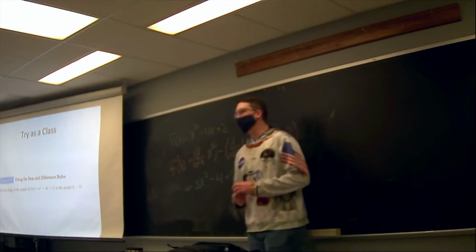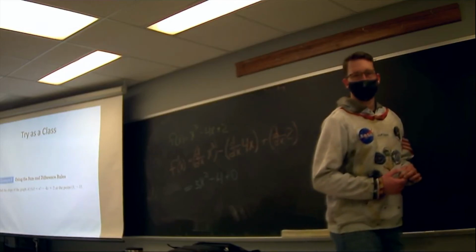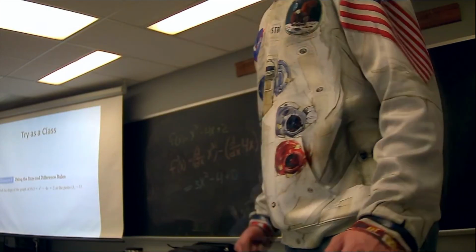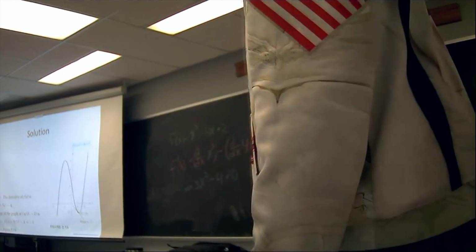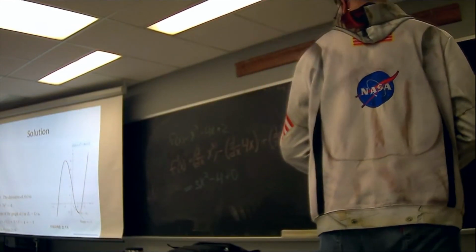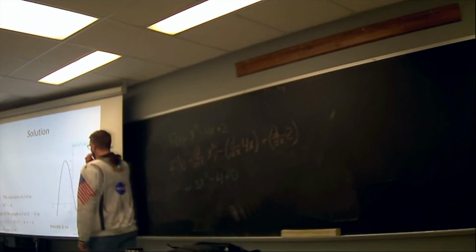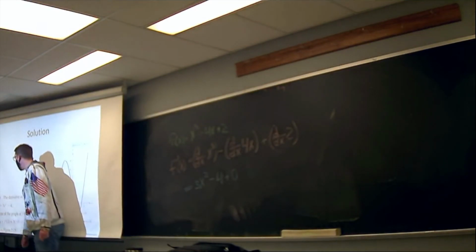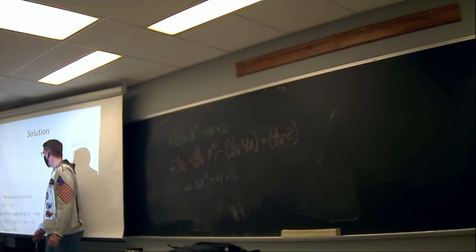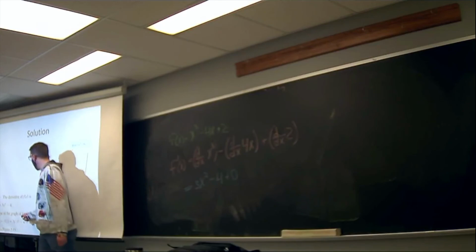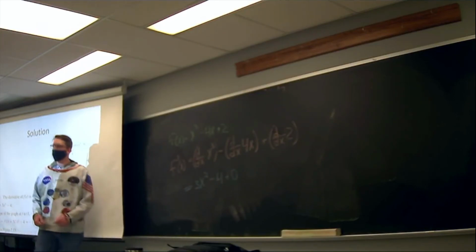Is everybody cool with this? And so then you would just throw 1 in there. We get that the derivative is 3x squared minus 4. We want to know what it is at the point 1, -1. So we throw 1 back in.